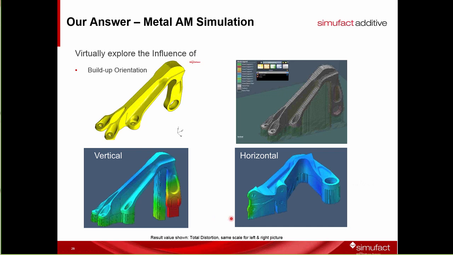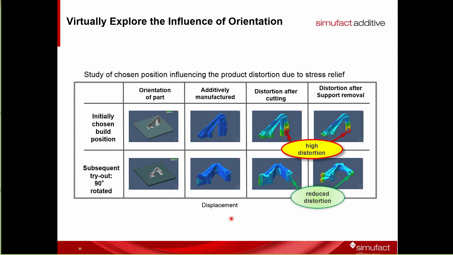We can go through that whole process of orienting the part on the base plate, doing the additive manufacturing, looking at the distortion after we've cut off the base plate, looking at the distortion after we remove the supports, and deciding what's the better configuration.